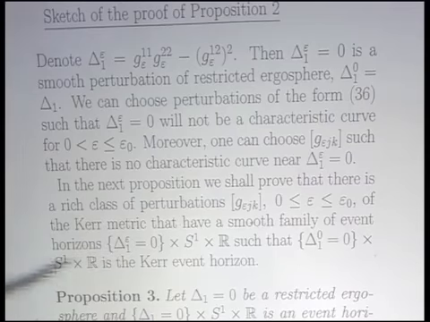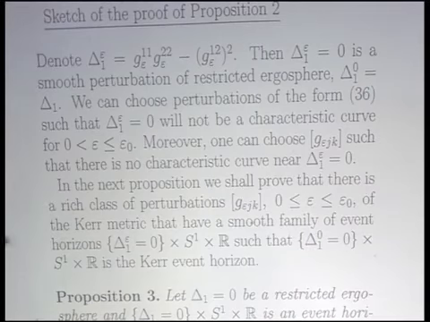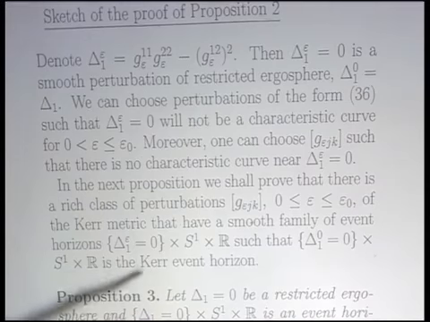Suppose you have, say, the Kerr metric or restricted ergosphere and event horizon. Then take any perturbation of this event horizon, any family of class curves that coincides for epsilon equals 0 with this delta 1.